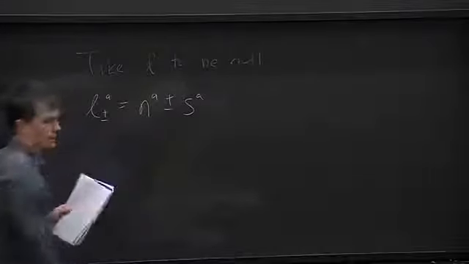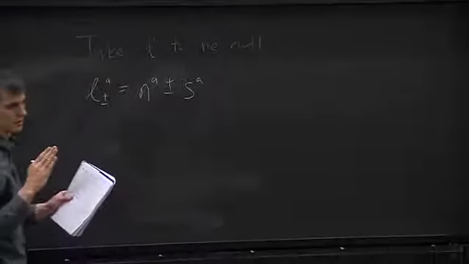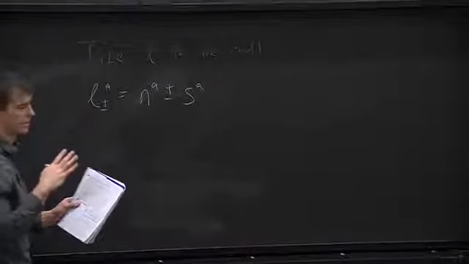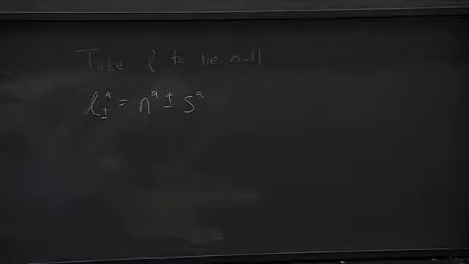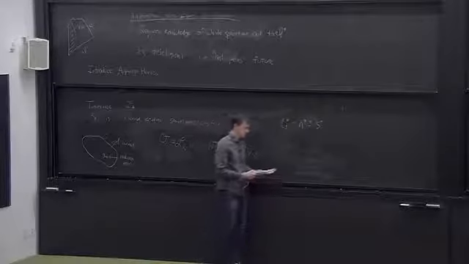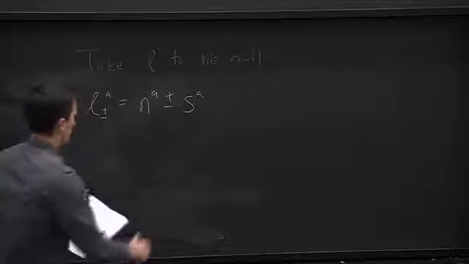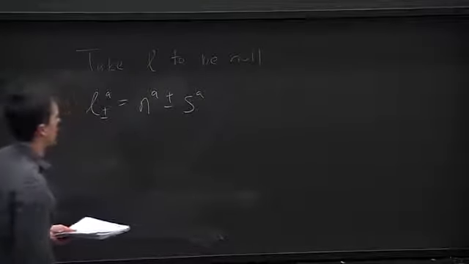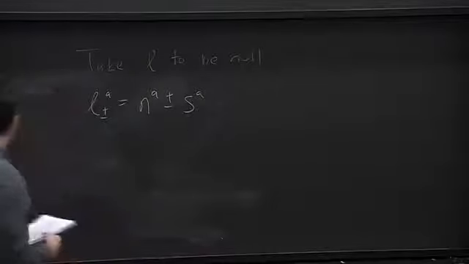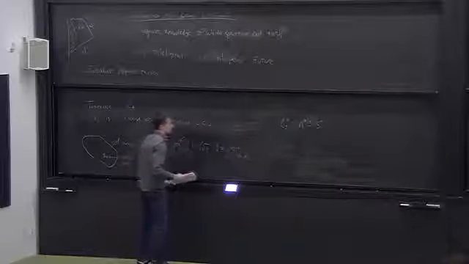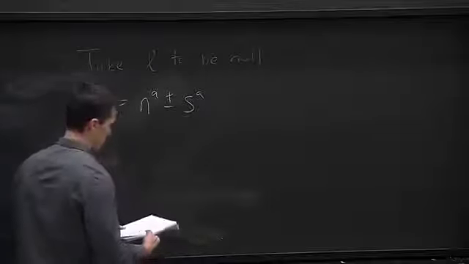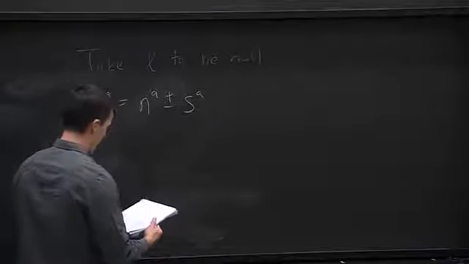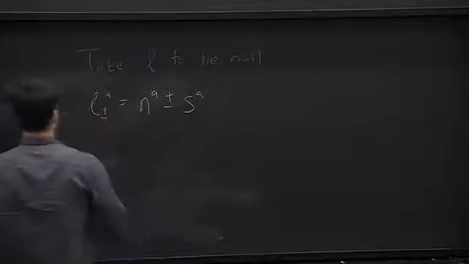So here, N^A is just the usual unit vector that's normal to our slices of constant t, so normal to this Σ_t. And then S^A is just the space-like vector that's normal to our surface S. And then the plus and minus correspond to the outward and inward null vectors.